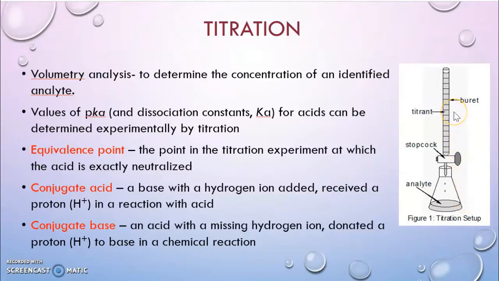The base solution that is added into the burette is called the titrant, while the acidic solution that is contained in the conical flask is called the analyte. This is a typical experimental setup for a titration experiment.